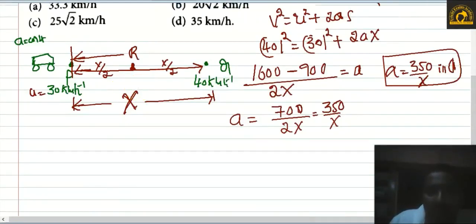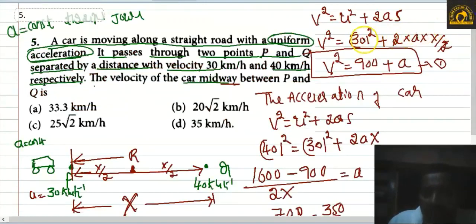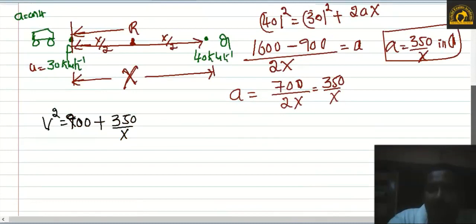The equation 1 becomes: v square is equal to 900 plus a x, and the a value is 350 divided by x, multiplied by x.